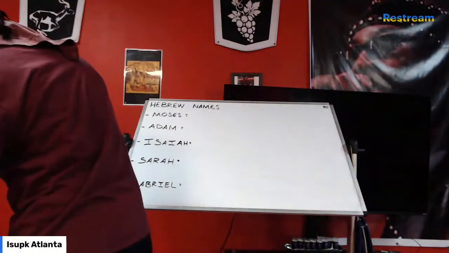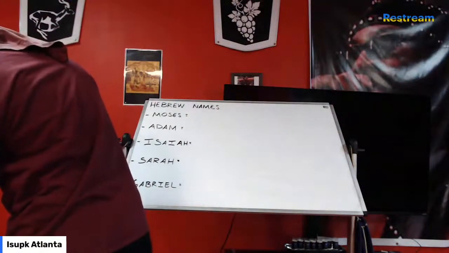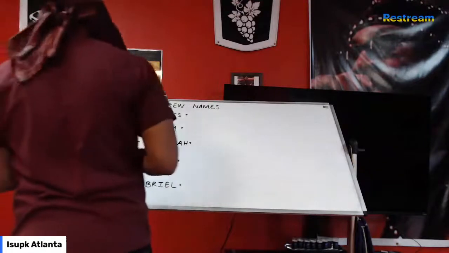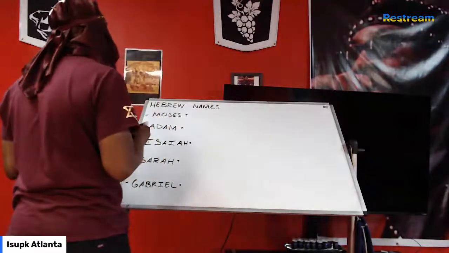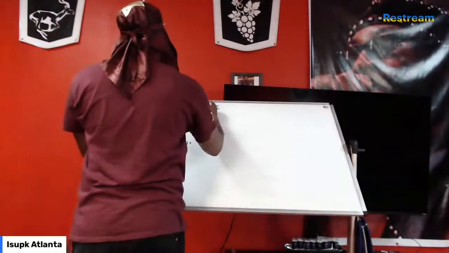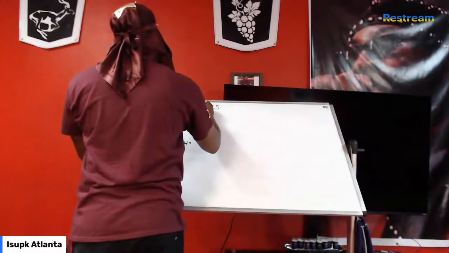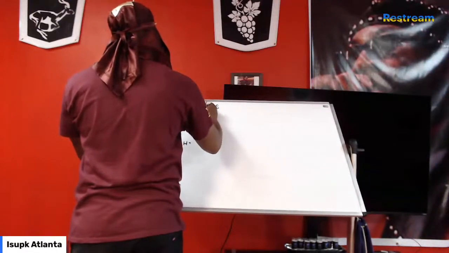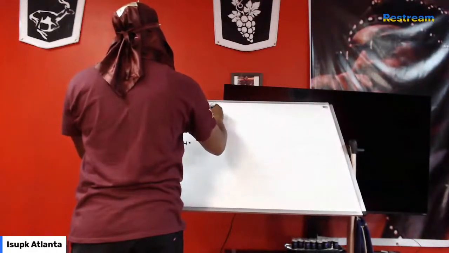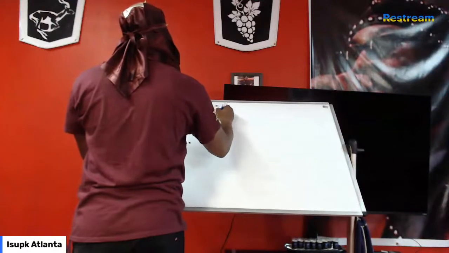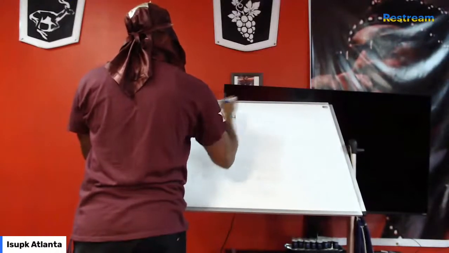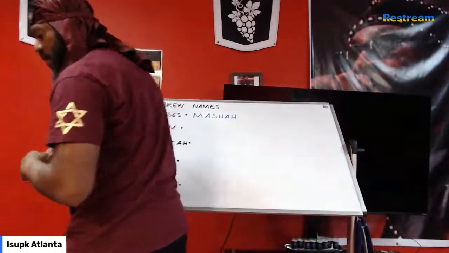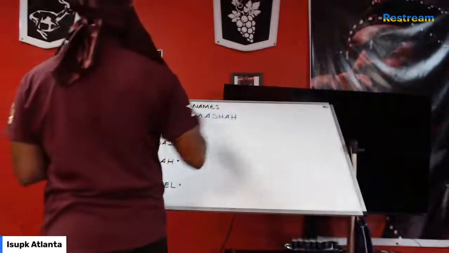All right. Cool beans. We'll use a different color. How do we say Moses in Hebrew? Let's spell it out. Mashak.